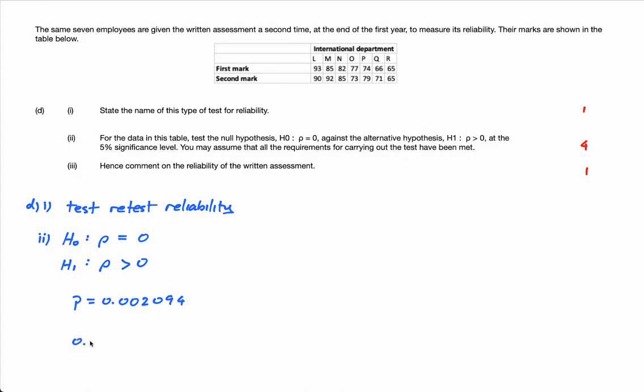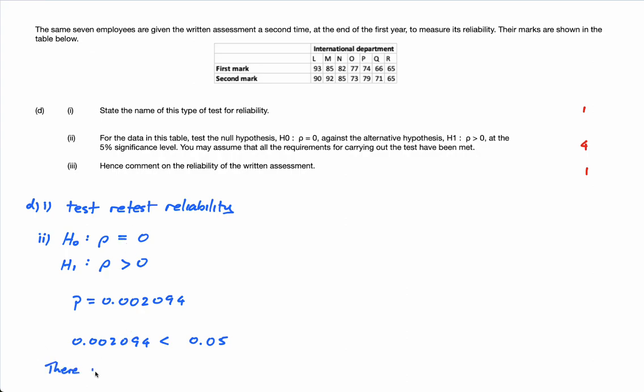As 0.002094 is less than 0.05, and it says test the null hypothesis, because this is less than 0.05 we can reject the null hypothesis.